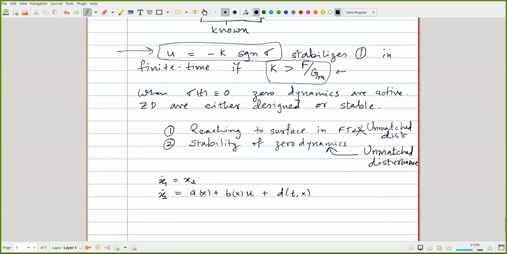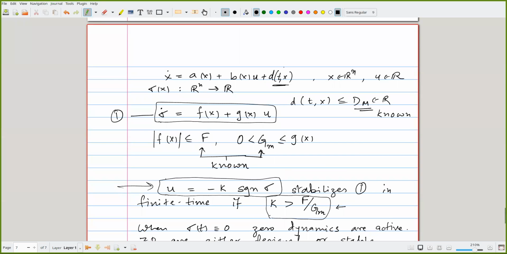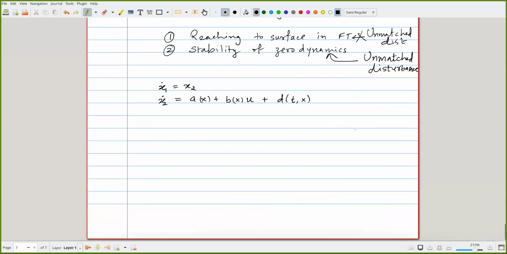Now this d(t,x) earlier was in Rn, because for the vector equation to make sense it was a vector, added in each state. Now this d(t,x) is in just R. It is just a scalar disturbance that is affecting the x2 dot equation.